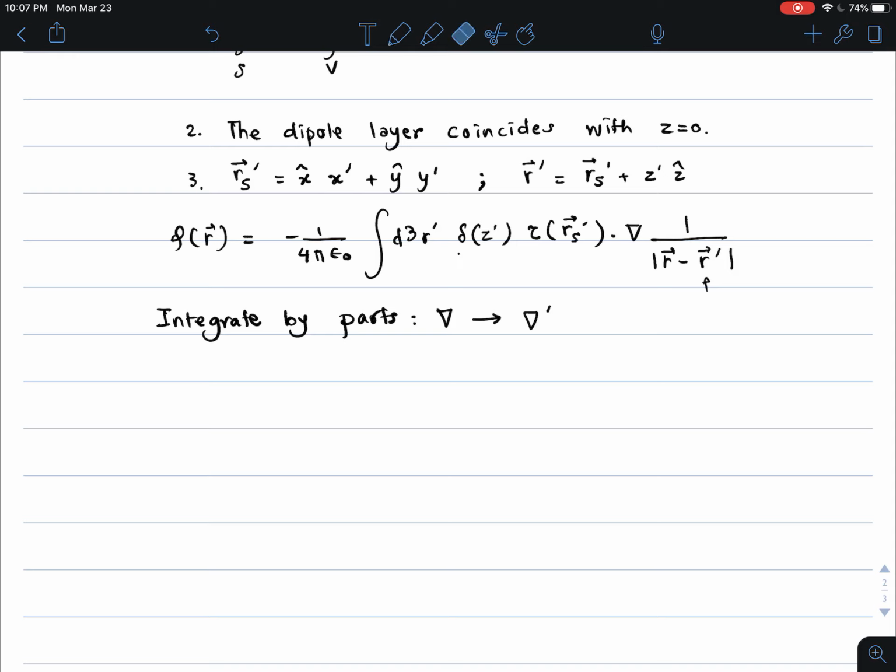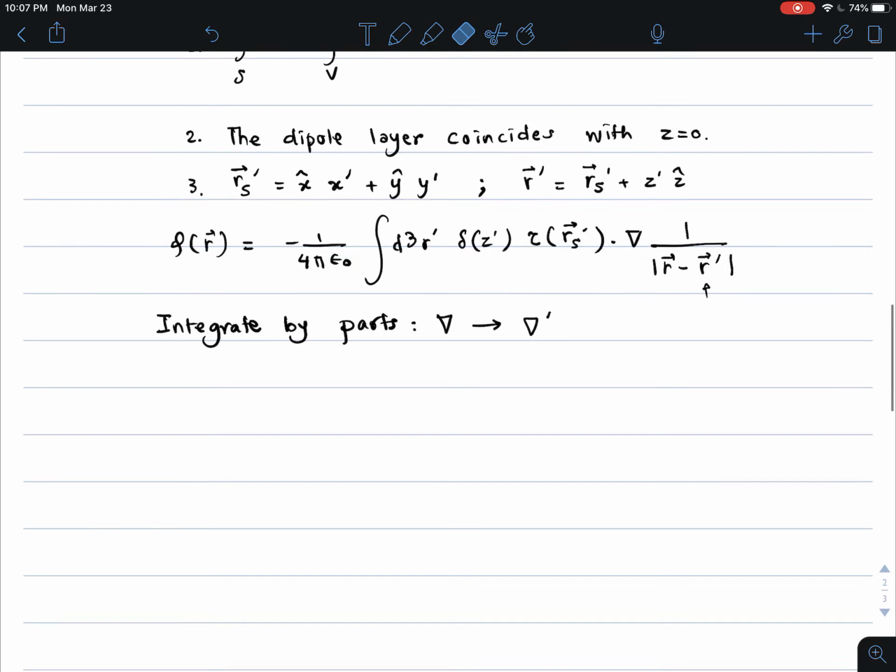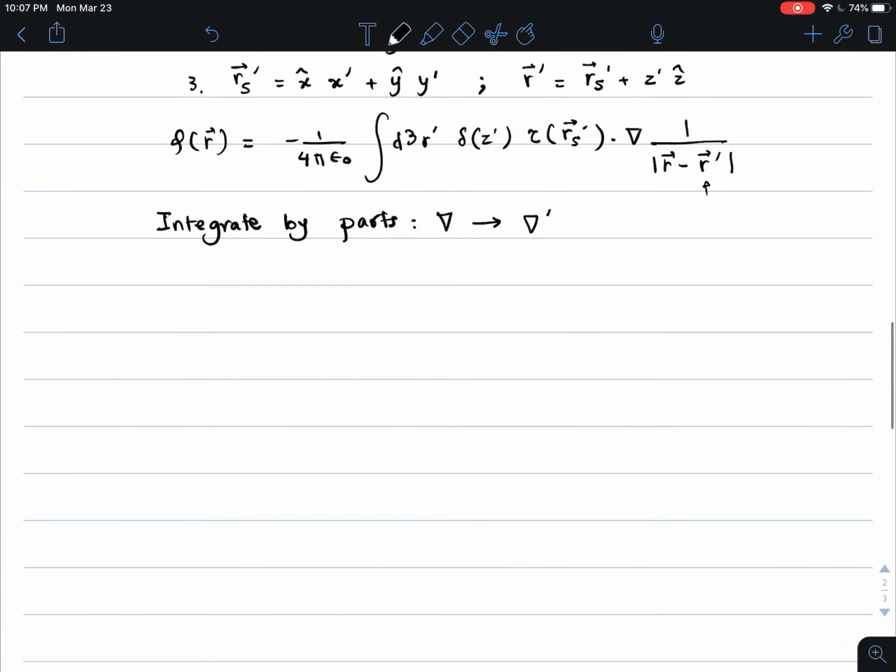It's very easy to see the effect of the integration by parts. The first term after the integration by parts, of course, will go to 0, because this whole product of terms is going to be negligible at the boundaries, and so we don't have to worry about that part.